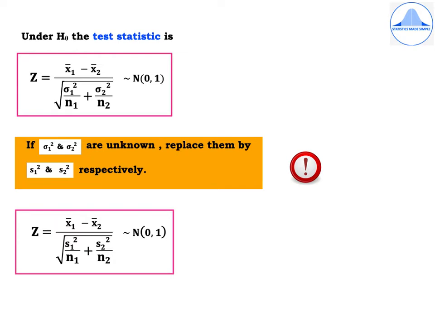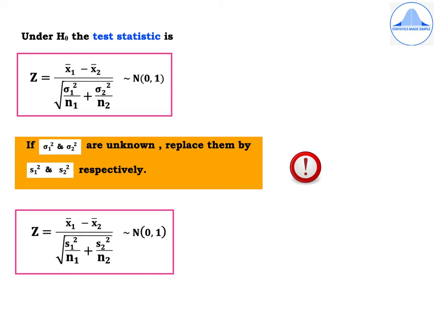The next step is to define the test statistic. So under H naught, the formula is Z equal to x bar 1 minus x bar 2 divided by root of sigma 1 squared by n1 plus sigma 2 square divided by n2, which follows normal 0, 1.